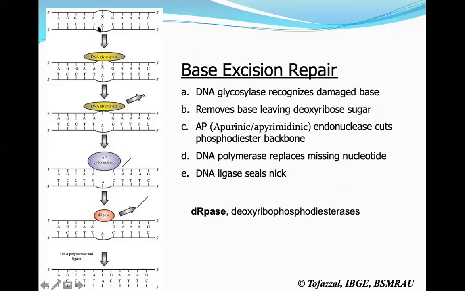First step, the DNA glycosylase recognizes the damaged base, and then removes the base, leaving deoxyribose sugar. And then an apurinic or apyrimidinic endonuclease cuts the phosphodiester backbone, and DNA polymerase replaces the missing nucleotide, and DNA ligase seals it.